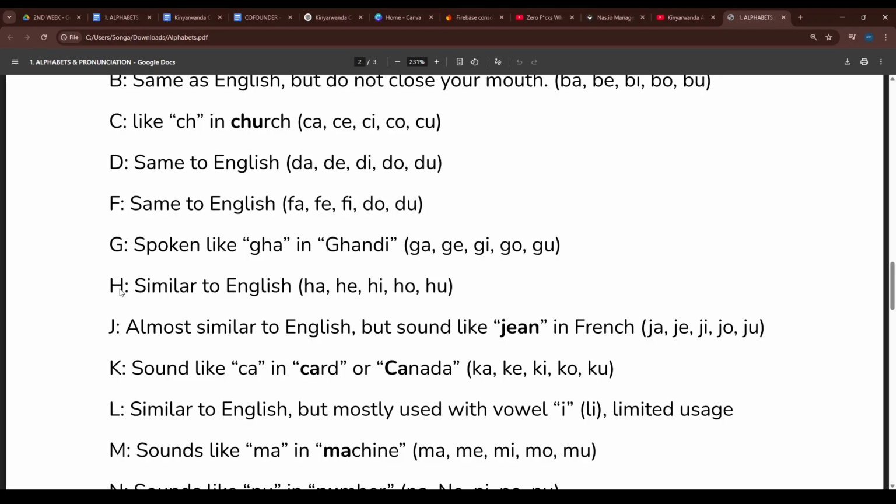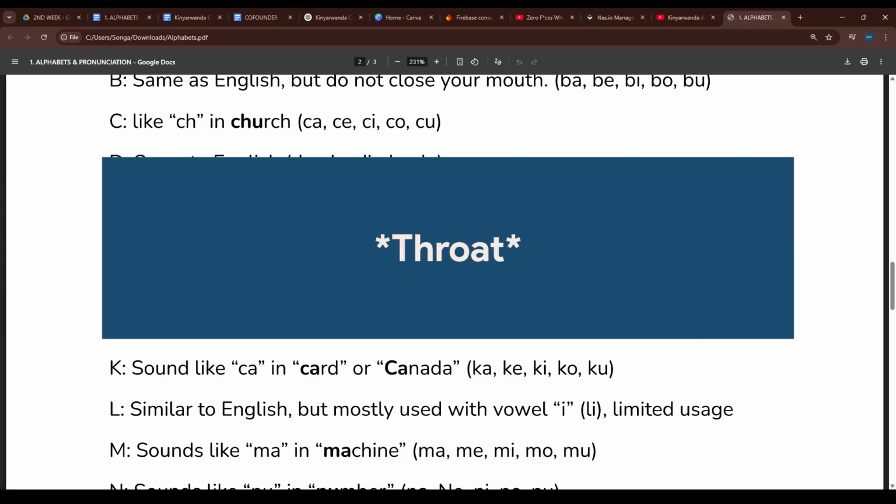And this in English it's H. And most of the time it's used to silence some words or some sounds. Here we use it ha. The sound comes from inside you.